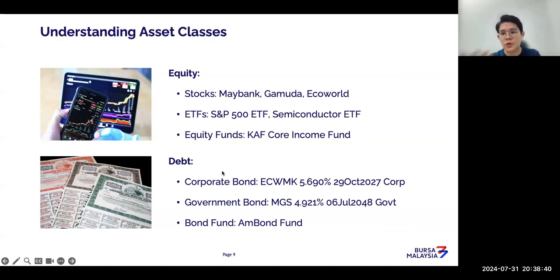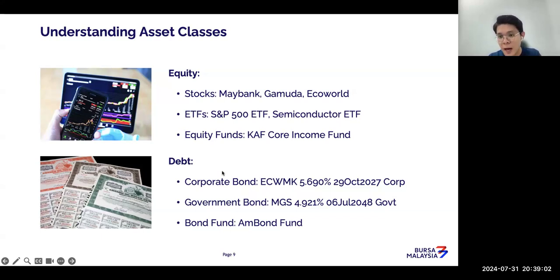If we want to trade the market index, we can straight away buy the S&P 500 ETF, or if we are positive on the US tech sector, we can buy the semiconductor ETF. Other than stocks and ETFs, we can also buy equity funds.